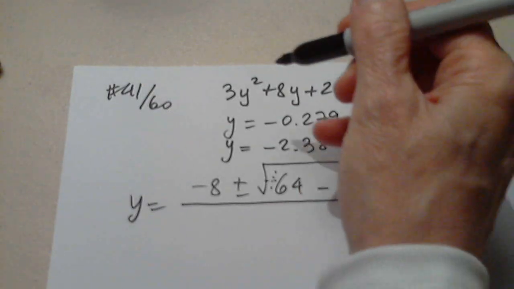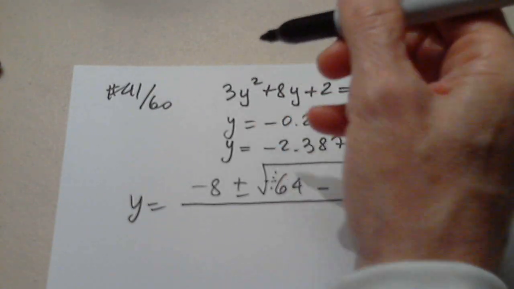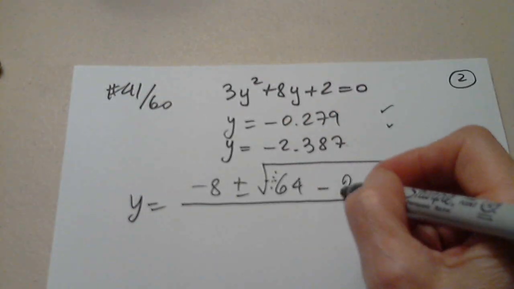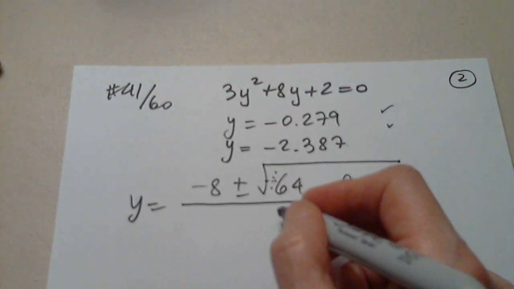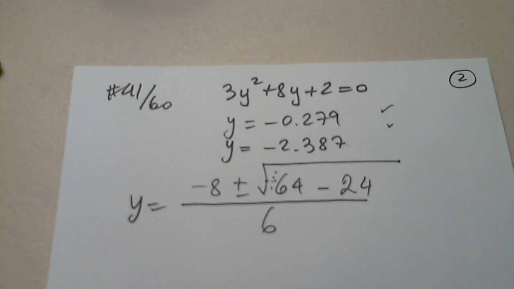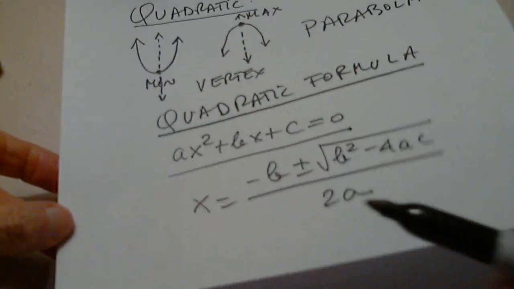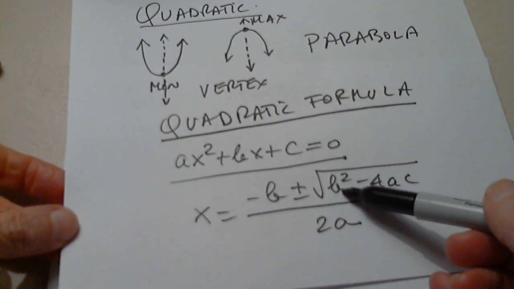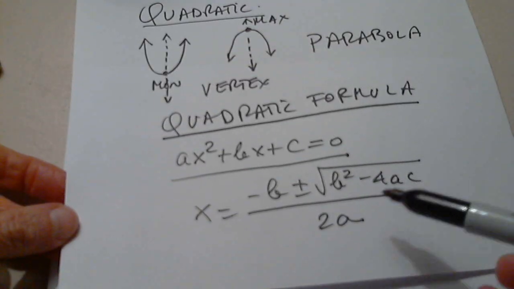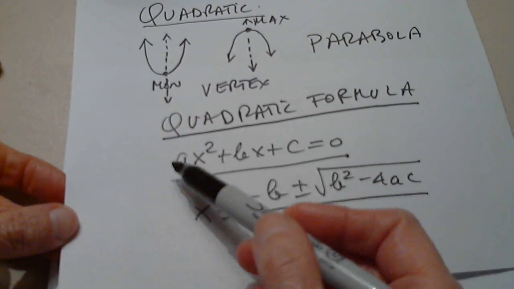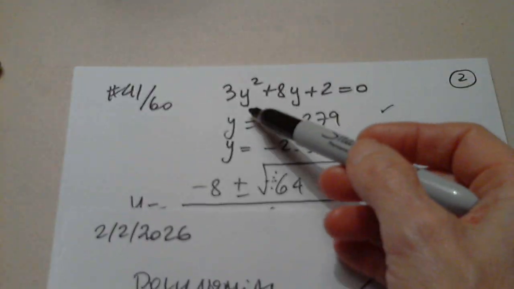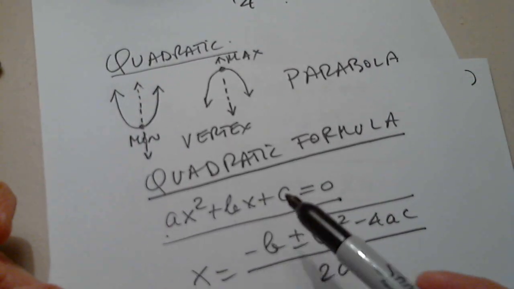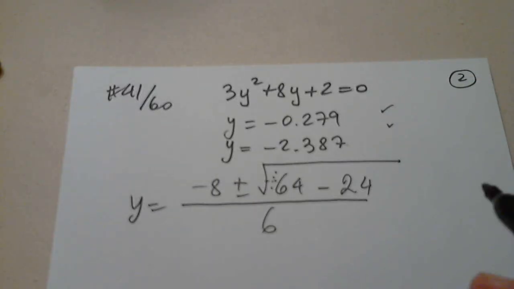Minus 4 times 3, which is 12, times 2 is 24, divided by 2 times a, which is 6. So I just replaced b, squared it, 4 times a times c, 2 times a. Here a is 3, b is 8, and c is 2. And when I determine and approximate these two, I'm not going to record this, but I want to show you.